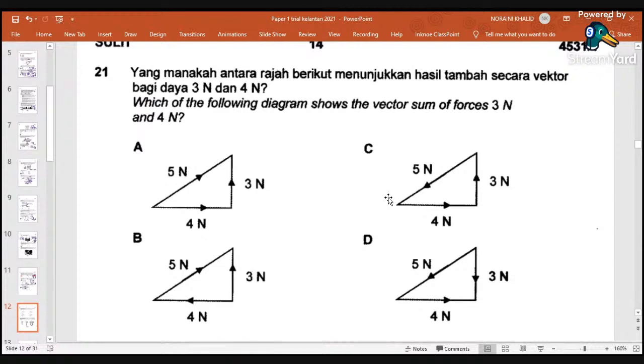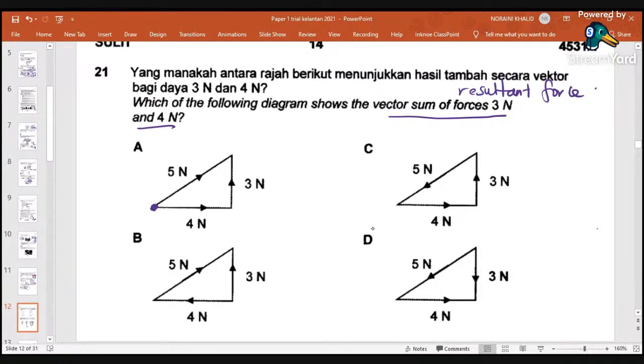Number 21, which of the following diagrams shows the vector sum of forces 3 Newton and 4 Newton? Means resultant force or net force, vector sum. So you must check the starting point. Let's say this is the starting point.